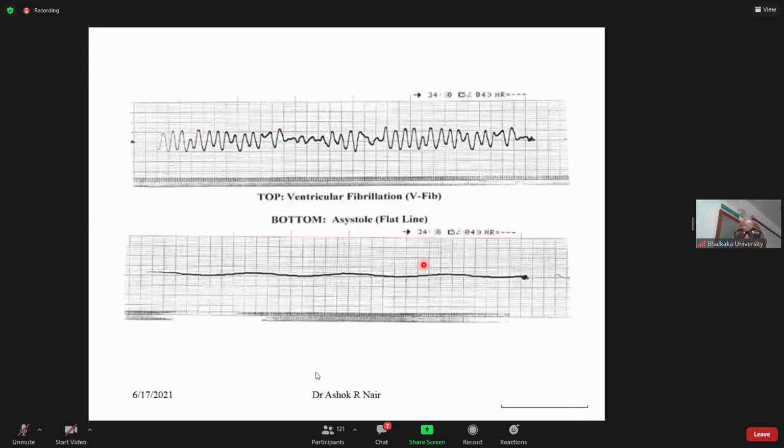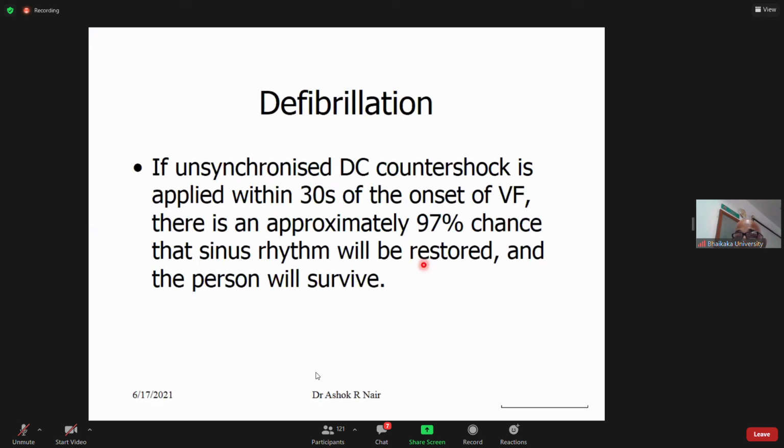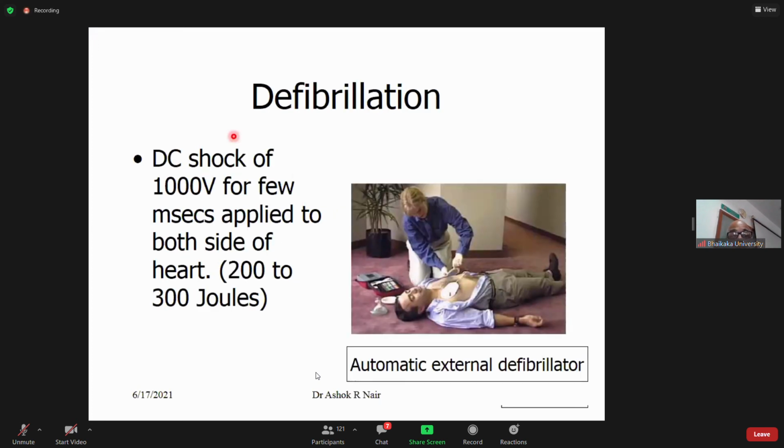You might have to give a defibrillation. Normally a DC shock is given, an automatic external defibrillator is applied. Now, why do you need to give it? What happens is you send the whole of the ventricle into a totally depolarized state.